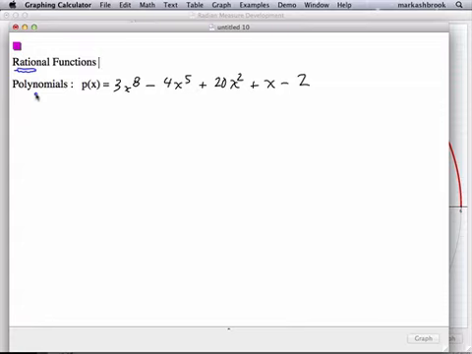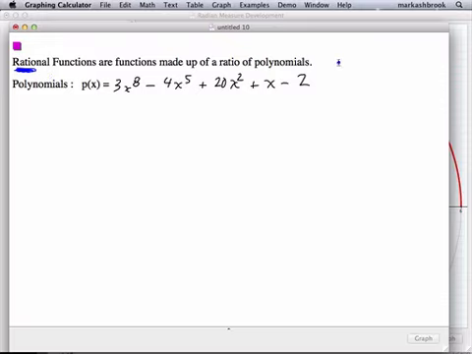We take one polynomial and we take another polynomial and we make a big fraction out of it, and that creates a new function, and that's what we call a rational function, named by this root, ratio.